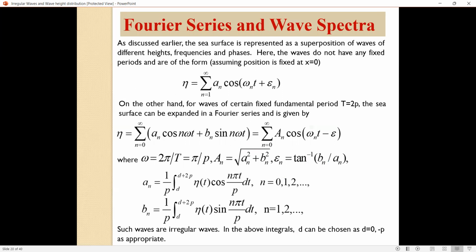I go from the discrete spectrum to the continuous spectrum. In a discrete spectrum, each point is in fact omega 1, omega 2, omega 3. But when the two frequencies, omega 1 and omega 2, are very close to each other, the gap between them is almost 0. So when I say omega tends to 0, there is no gap between the two frequencies.